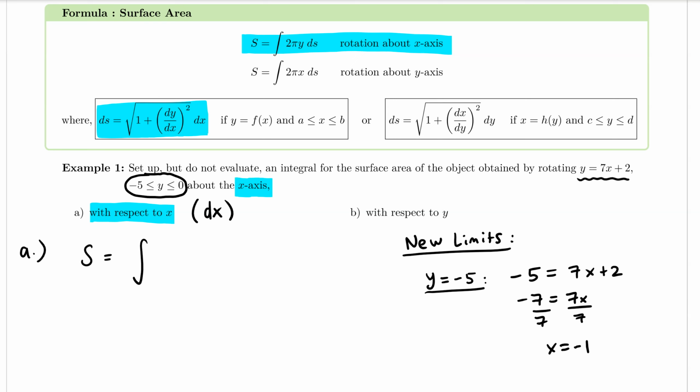So that is our new lower limit of integration. And then for y equals 0, which was our original upper limit of integration, if I have 0 equals 7x plus 2, and I solve for x, I'll get x equals -2 over 7.